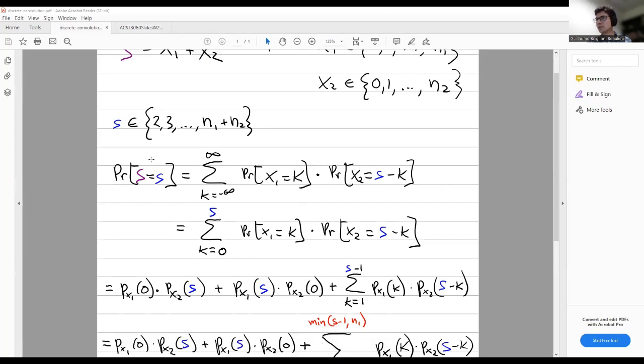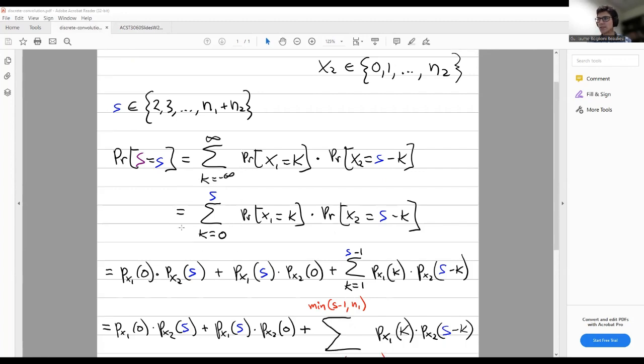So this first line here is the global formula. In the most general sense, the index k would run from minus infinity to infinity. Here we don't have to start at minus infinity. We can start at 0, because the first probability for X1 that's non-zero would be X1 equals 0.